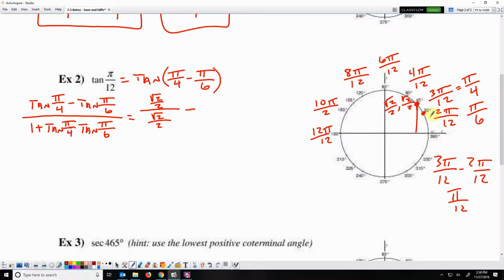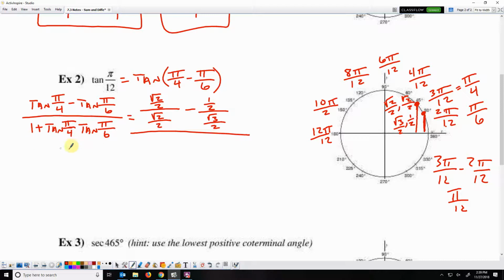Then tangent at pi over 6. The y value, first position up, is 1 over 2. The x value, third position to the right, is root 3 over 2. So y over x is 1/2 over root 3 over 2.